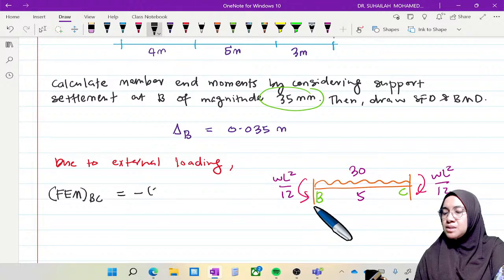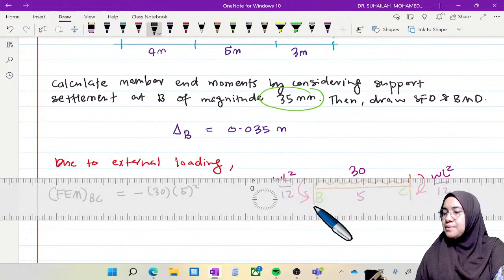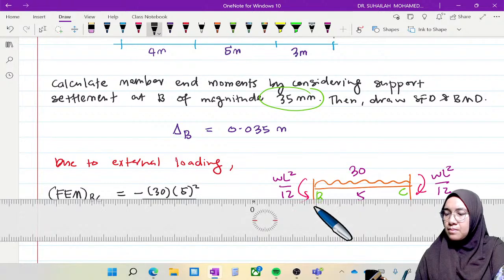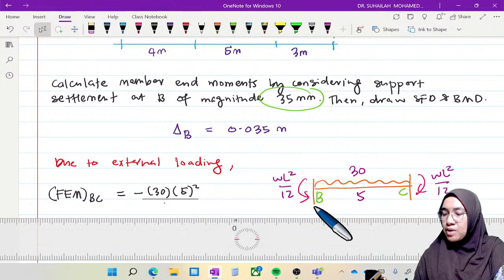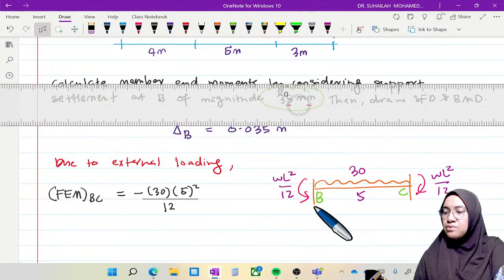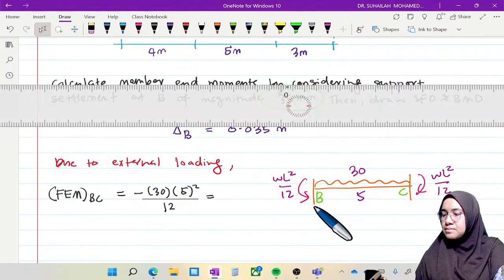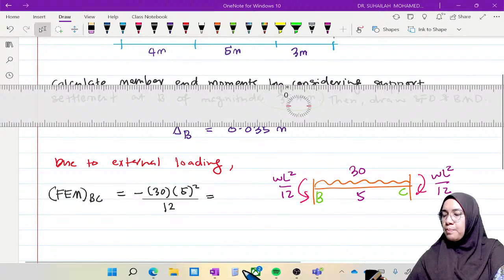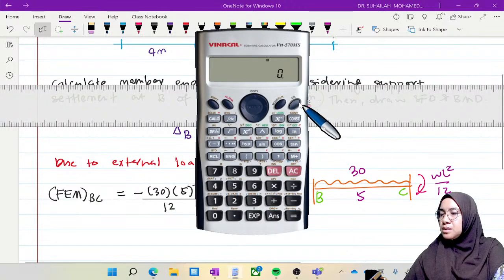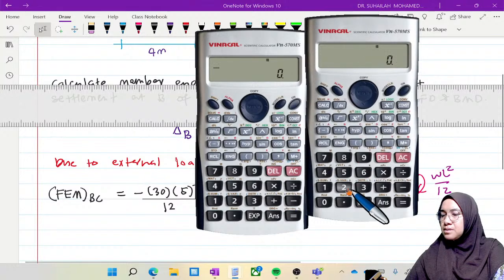So W is 30, L is 5 squared, divided by 12. Let's open the calculator. So it is 30.